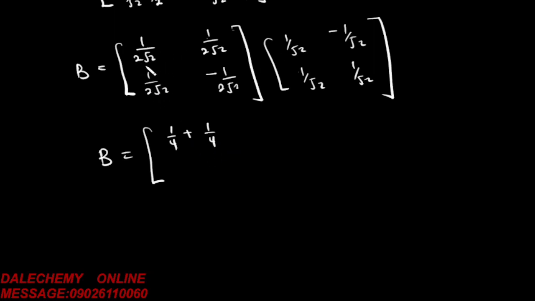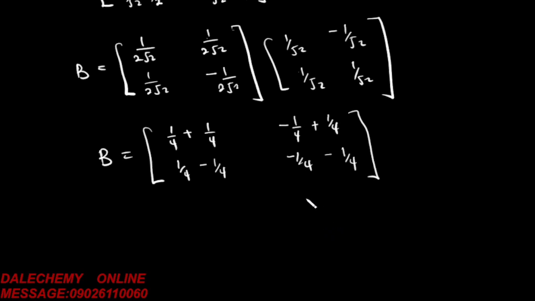Also we have this times this, which gives us minus 1 over 4, then plus 1 over 4, because what we are doing basically is using the first row to multiply the first column to get this, and this one too to get this. The same thing here, we have 1 over 4 times minus 1 over 4, so we have minus 1 over 4, minus 1 over 4.